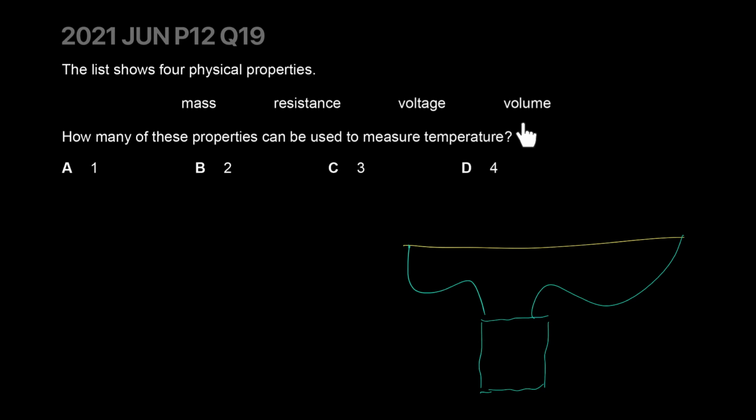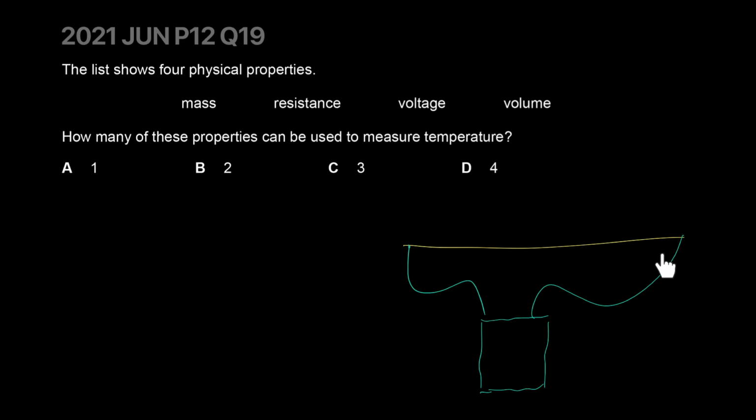What about volume? When you heat something, it expands, and if you can measure that change in it, it's very hard, maybe not very hard, but it's not really done a lot because it's just a silly thing to do, I guess.